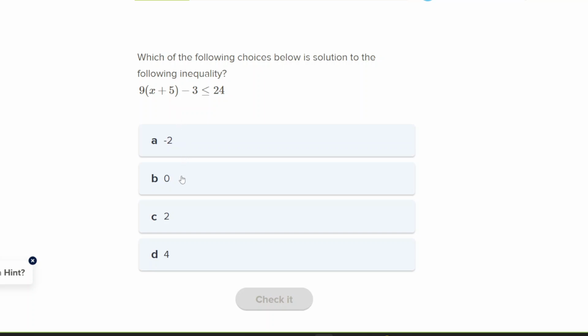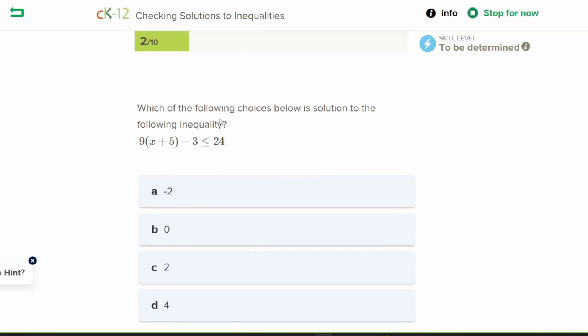We're only asked which of these 4 is a solution. So let's just do that. In a later video in this Algebra 1 text, there will be a section where we go through all the steps of solving a linear inequality. So right now, let's just check.